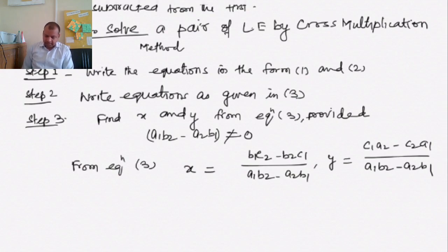Here you can see the denominator is a1 b2 minus a2 b1. If the denominator becomes equal to 0, then x will not be defined, and in the same way y will not be defined. That's why a1 b2 minus a2 b1 cannot be equal to 0.